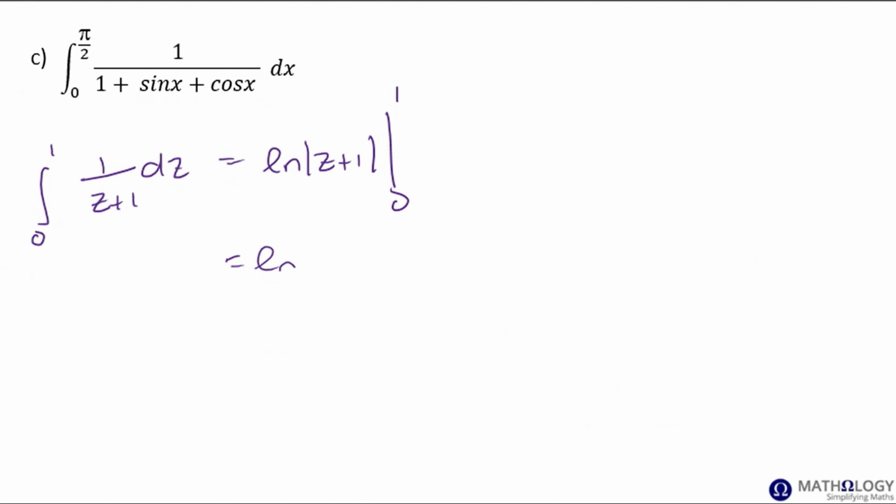So that's going to be ln(1 + 1), which is ln 2, minus, we don't need the absolute value brackets, when z equals 0, we'll have just ln 1, which is 0, so the final answer is ln 2.